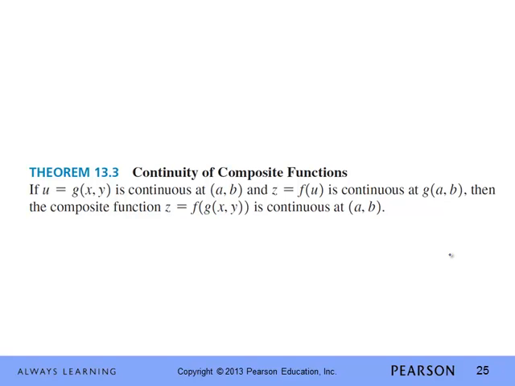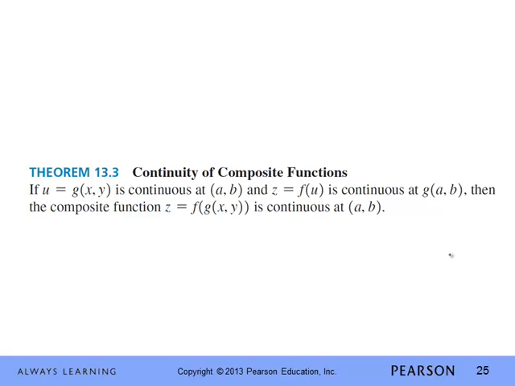And just like it was for the single variable functions, your function, in this case the 2 variable function, that is composed with the single variable function, that composite function is going to be continuous as long as both the outer and the inner functions are continuous.